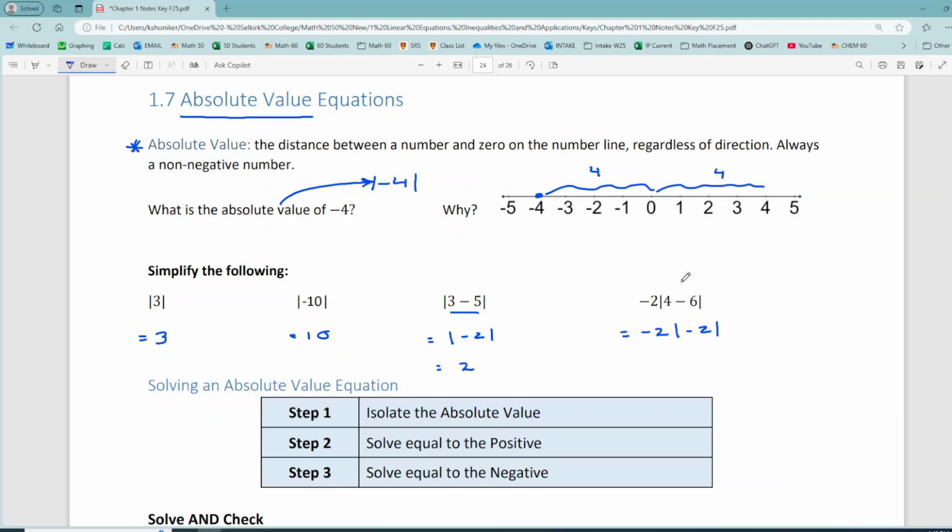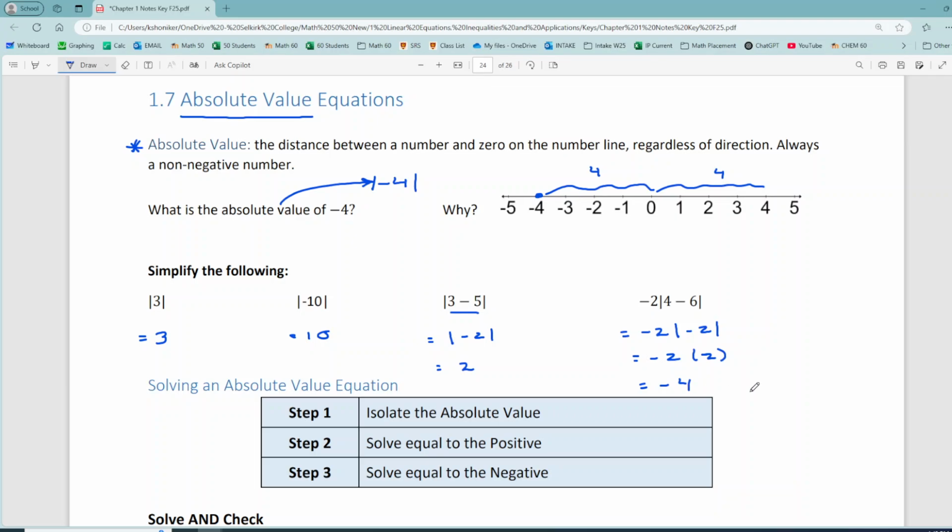So even though we've simplified within the bracket, now the bracket is going to do something. So the absolute value of -2 is 2, and we're going to replace the absolute value brackets with round brackets to signify that now I can multiply. Now that I've performed the absolute value, this number is available to multiply. So then we'd get -2 times 2, which would be -4.